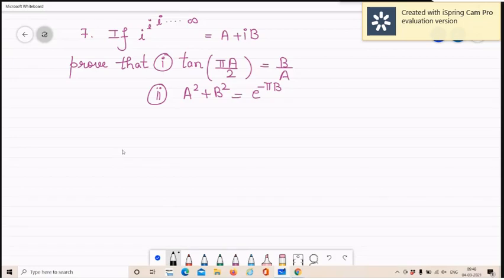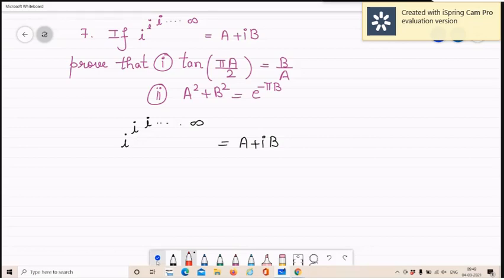Now the relation that is given to us is i raised to i till infinity is a plus ib. So what is this actually? I raised to i raised to i goes on till infinity, right?